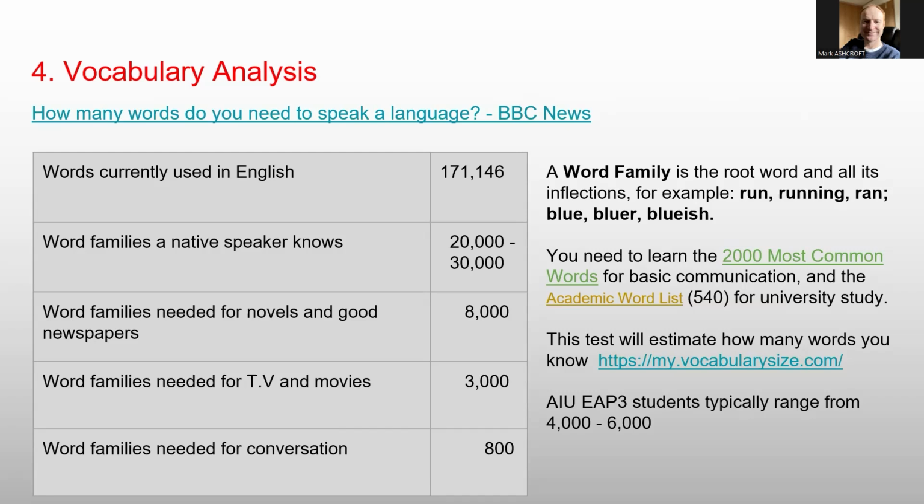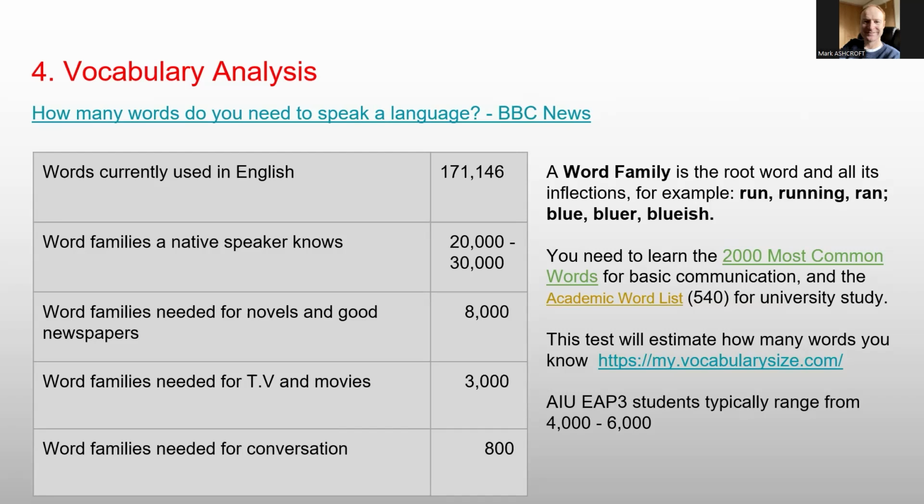There are 171,000 words currently used in English, and it's impossible to learn them all. And actually, it's probably counterproductive to try to learn them all. Some of the words you will not need in your academic life.